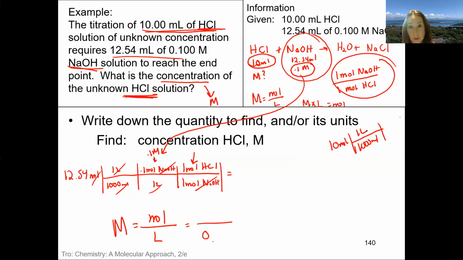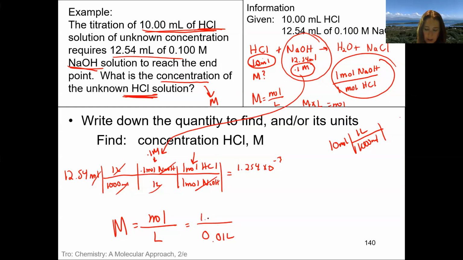You can just move your decimal place over 3, or you can put it in 0.01 liters. And then we figure out our moles here, 12.54 times 0.1 divided by 1,000, 1.254 times 10 to the negative 3.